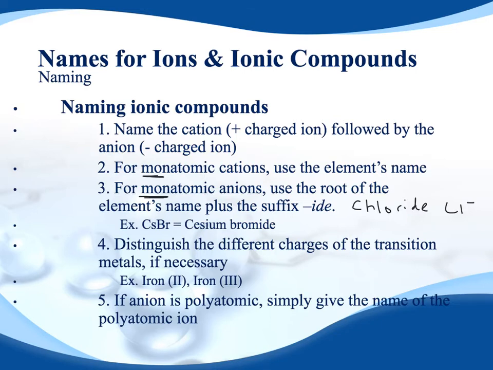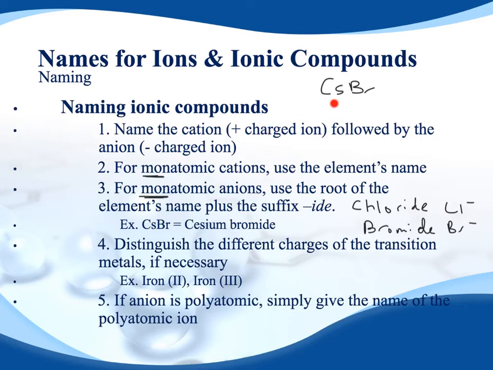Or bromine changes from bromine to bromide. So if I had the example of a compound with the formula CsBr, which is what you see down there, we'd name that using the name of the metal first.